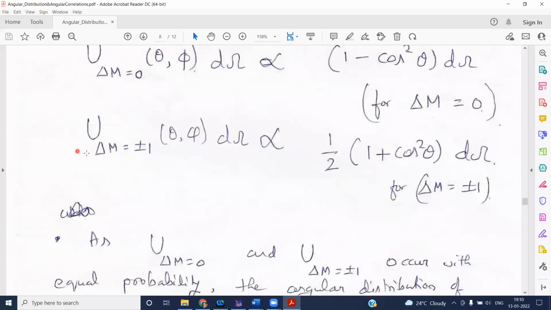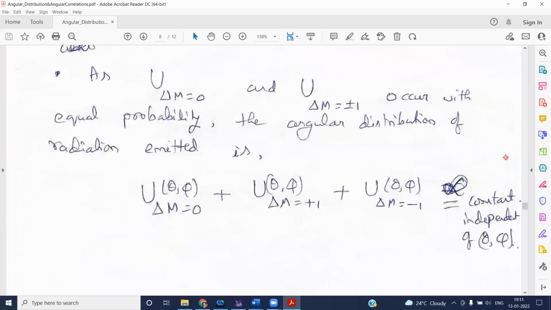So if you take delta M equal to plus or minus 1, for theta equal to 0, it will be 1 plus 1 divided by 2, that is 1, into d omega. That is what I obtain when I fix the z-axis to be theta equal to 0.